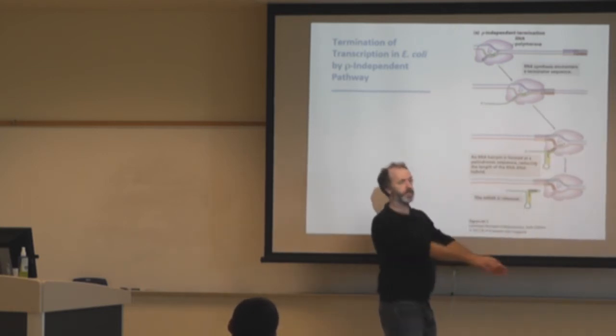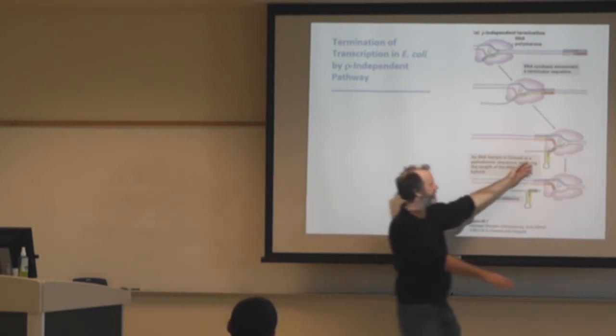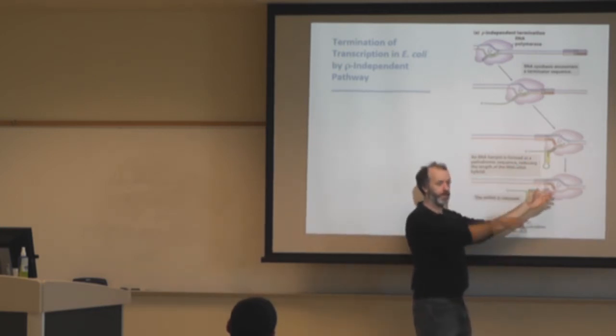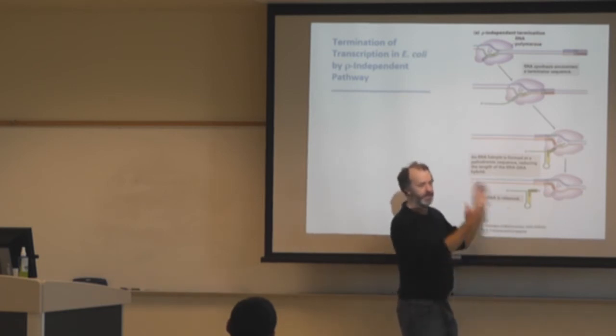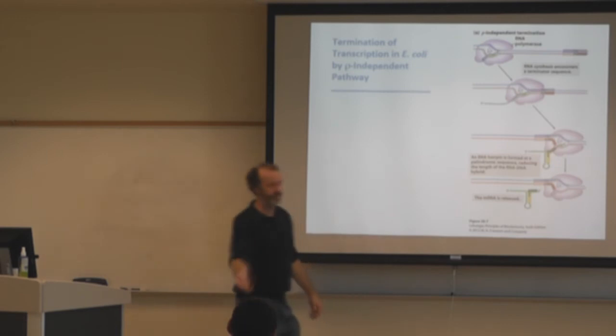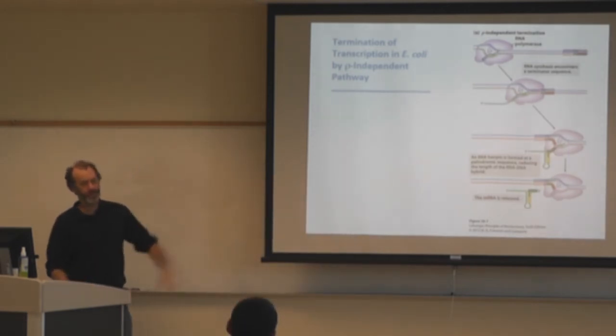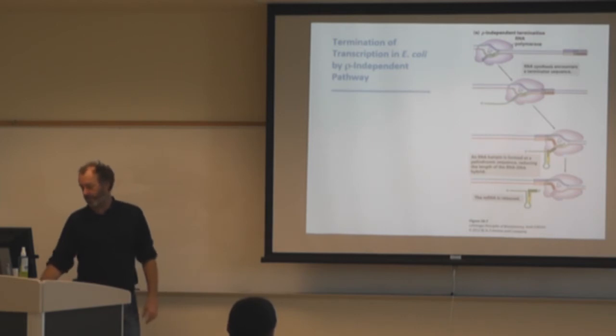The hairpin structure causes the RNA polymerase to stop, and it's going to want to keep going to add energy to separate these two strands. Then the mRNA is released, and the RNA polymerase comes off and can reform on the next promoter.